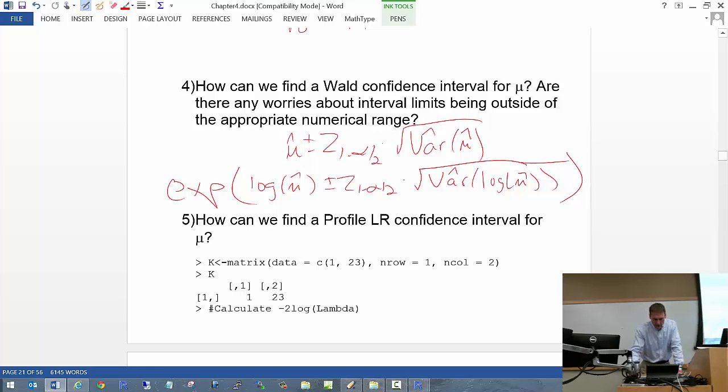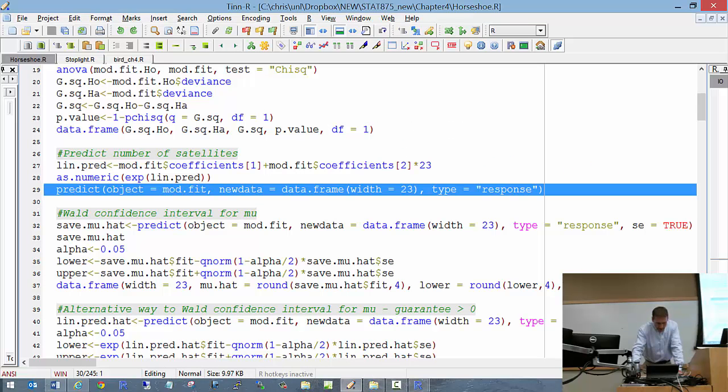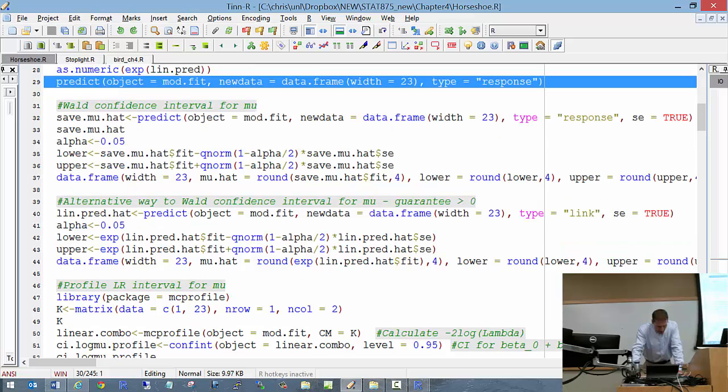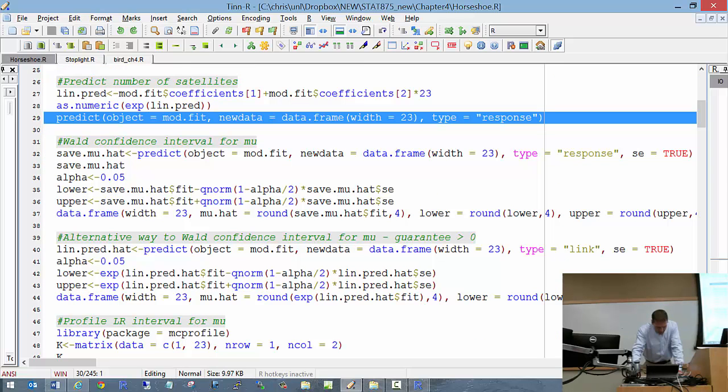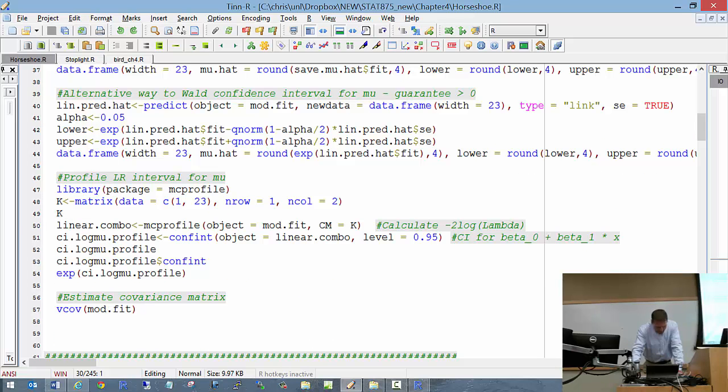So how can we do this interval then in R? Here is my predict function. Everything was the same as before, but now I say type equal link, se equal true.